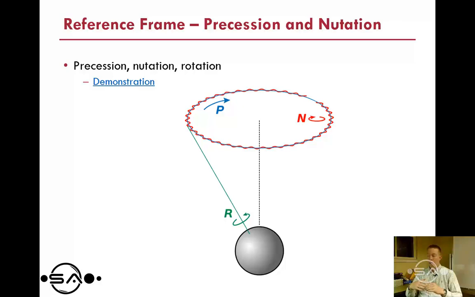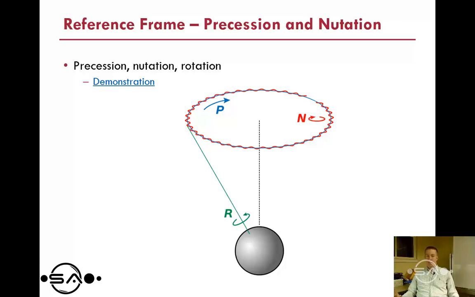Well, thinking about that for a minute, if we were to fix the Earth upright so that it wasn't tilted at 23.5 when we did our system, the first rotation would be precession, and then we would nutate, and then the body would actually rotate.